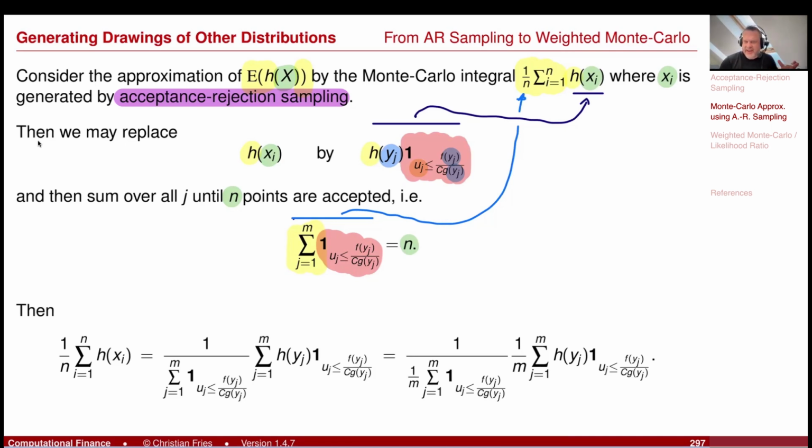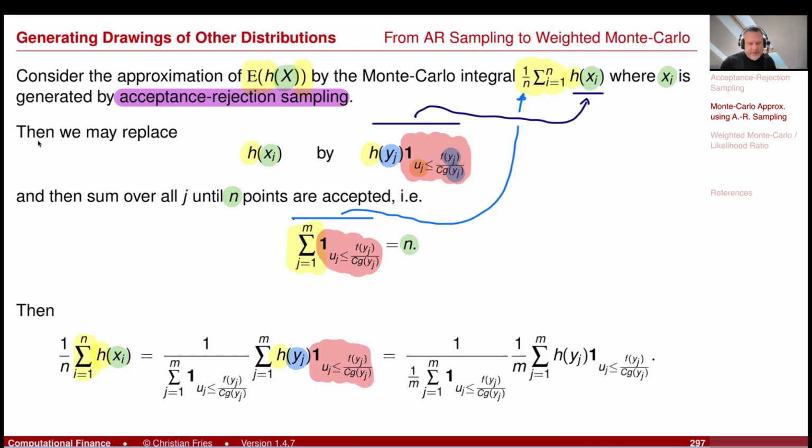And you see, I can now write my Monte-Carlo integral, the average of the function evaluation h applied to the sequence x_i. When x_i is generated with acceptance-rejection, I could write it in a complicated way: apply h directly to the sequence y_i, but set some of the summands to 0 when you reject the point.